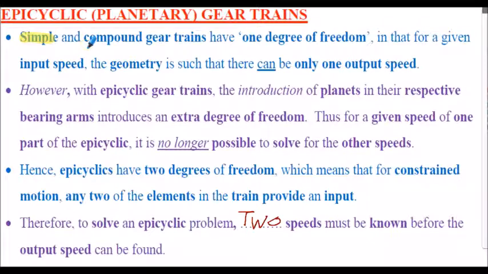So simple and compound gear trains have what's classified as 1 degree of freedom, in that for a given input speed, the geometry of the gear train is such that there can only be one output speed. And that's the kind of gear trains we've been looking at over the last 2 lectures. Unfortunately, with epicyclic gear trains, with the introduction of the planets and their bearing arms, their link arms, this introduces what's called an extra degree of freedom.